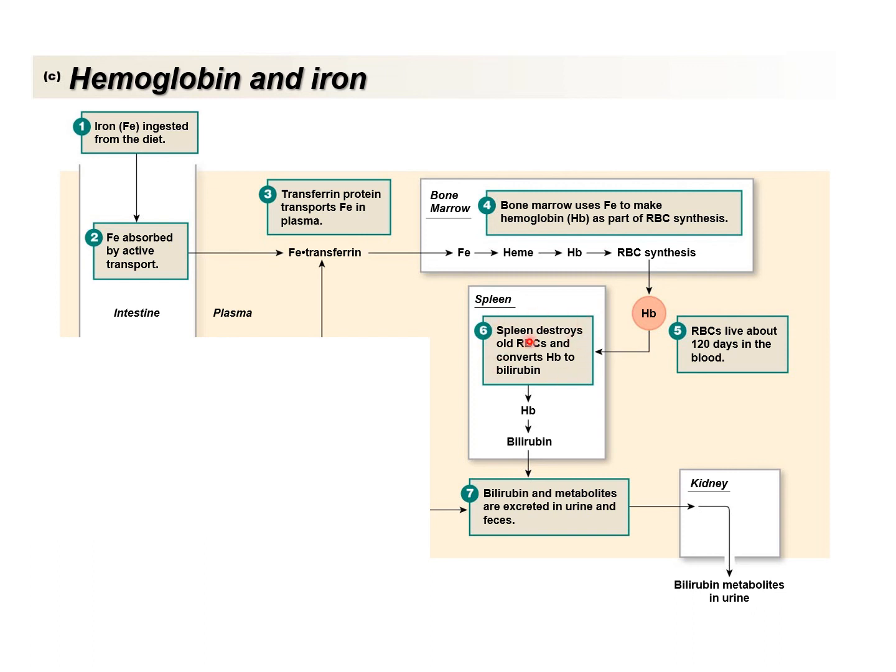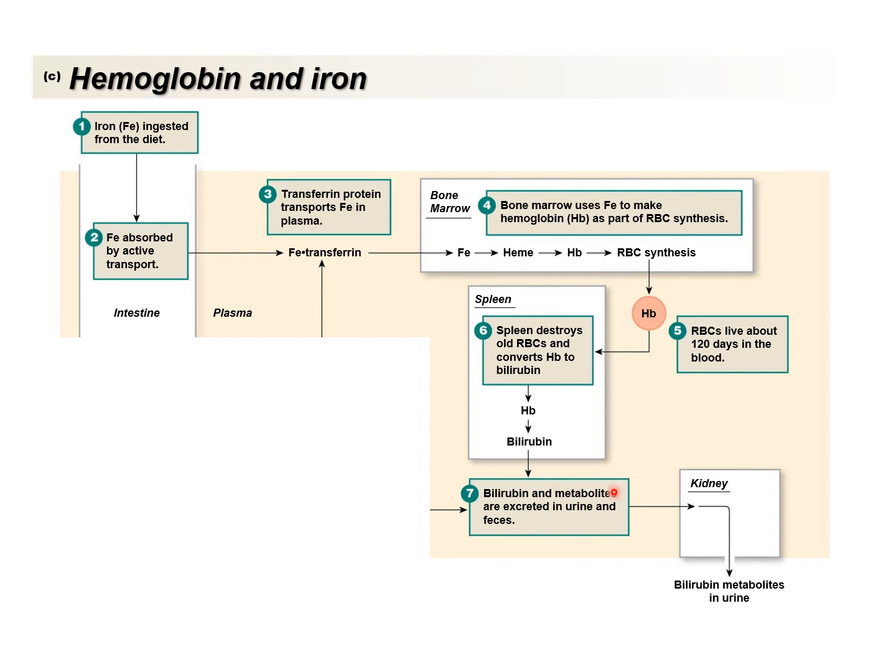So we're going to break those red blood cells down, and we're going to metabolize that hemoglobin into a molecule that has a golden, off brown-green color called bilirubin. Bilirubin is then metabolized further.